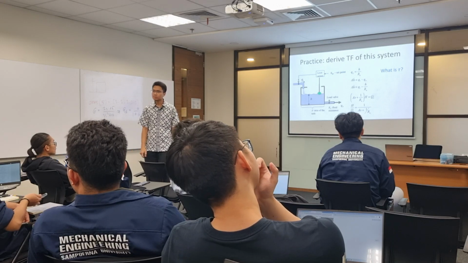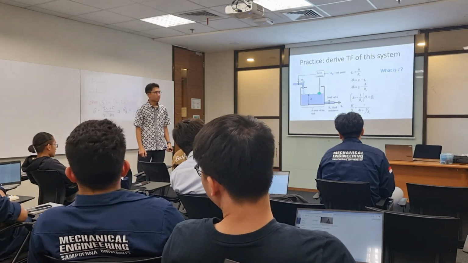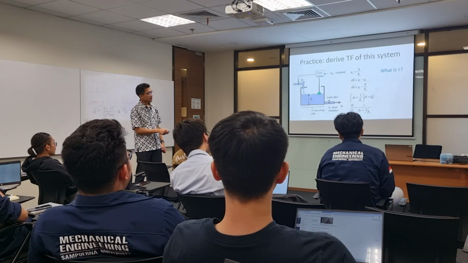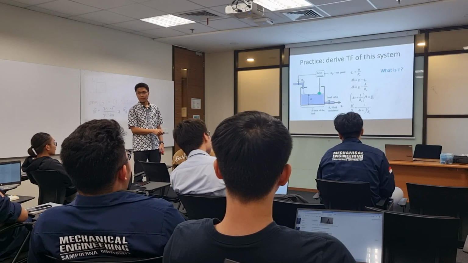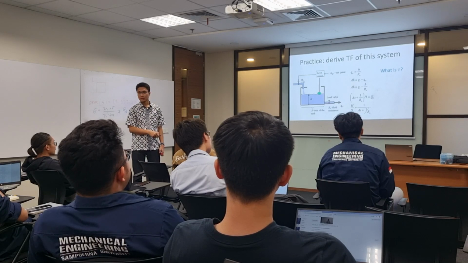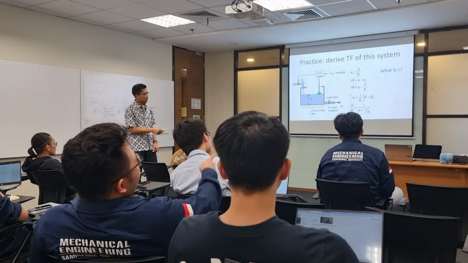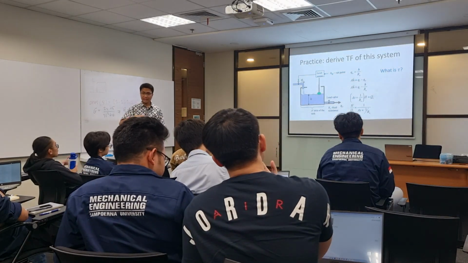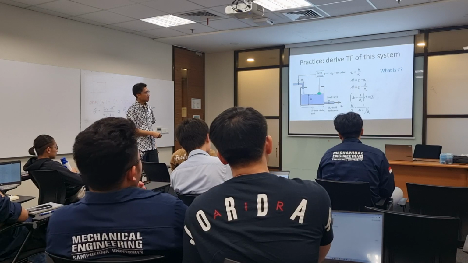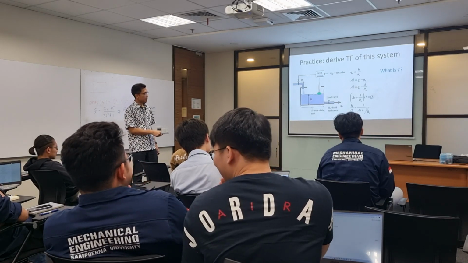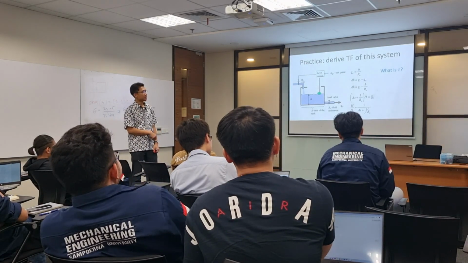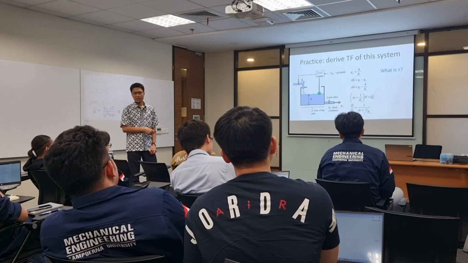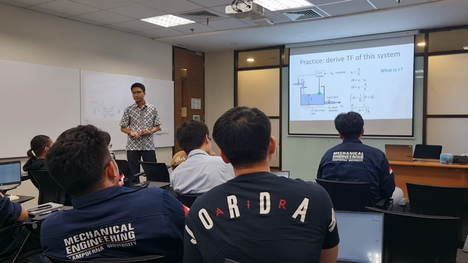What we know, the transfer function is Q0 over Qi. You can certainly replace the H with the Q0 because the R0 is constant. Okay, but then along the way we want to know whether we can control the H. So we can replace with H in this case. Although we can also use Q, depends on what we want to control.